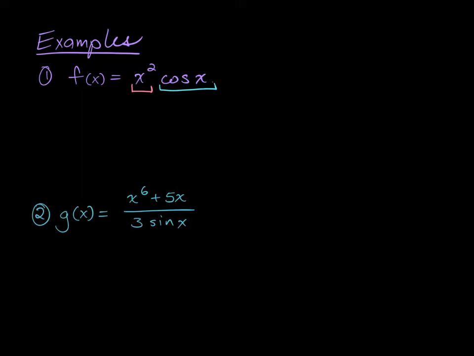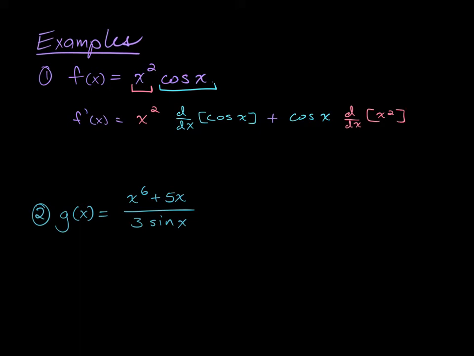So what I will write over here is that the derivative f prime of x will be the first times the derivative of the second. And I'm actually going to write this out, d dx cosine of x, plus the second function, cosine of x, times the derivative of the first function.